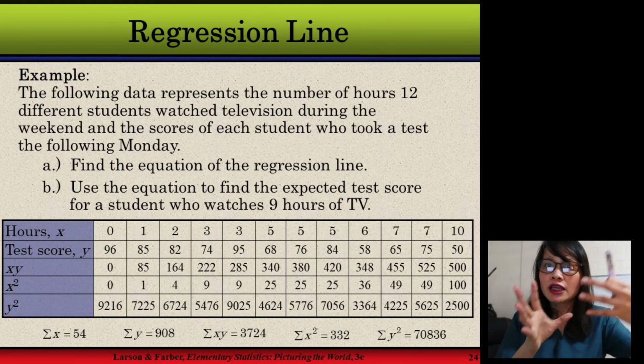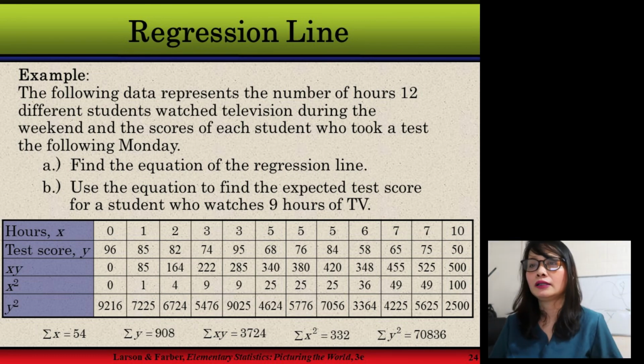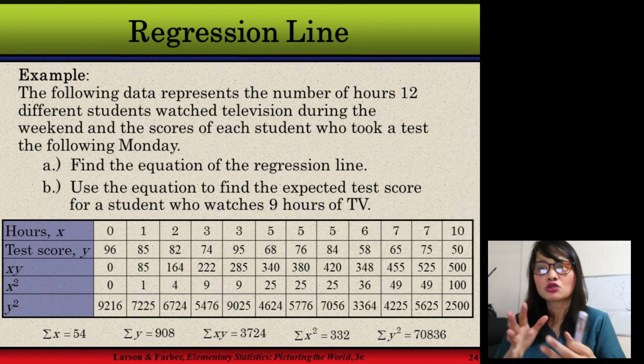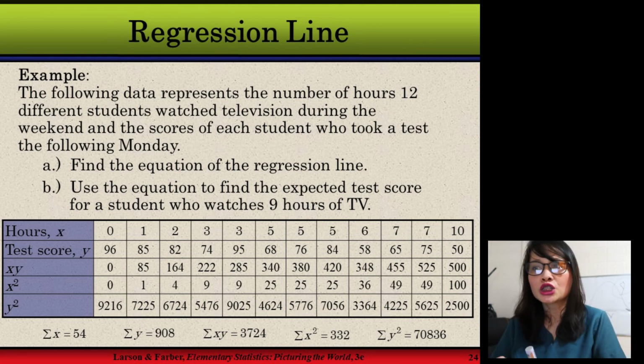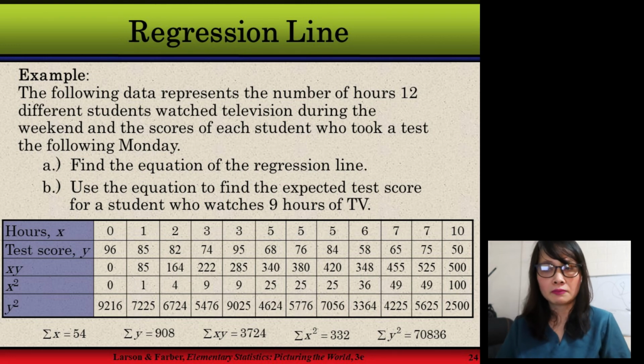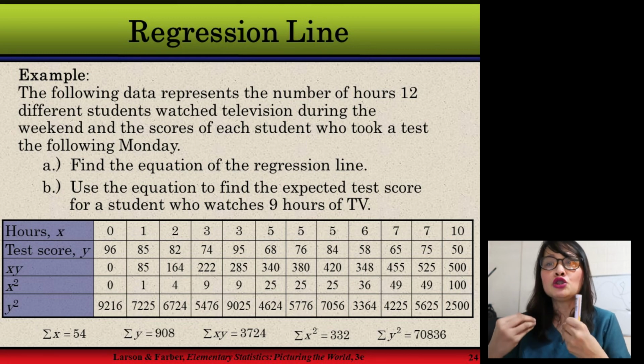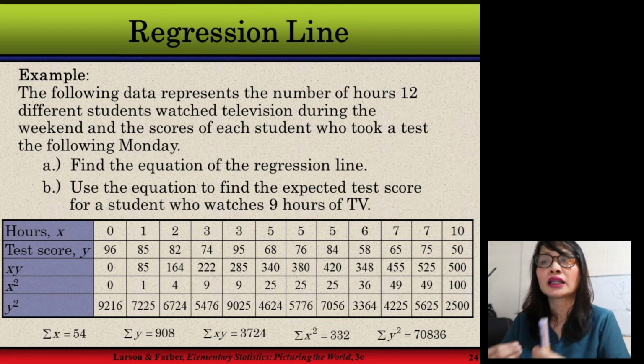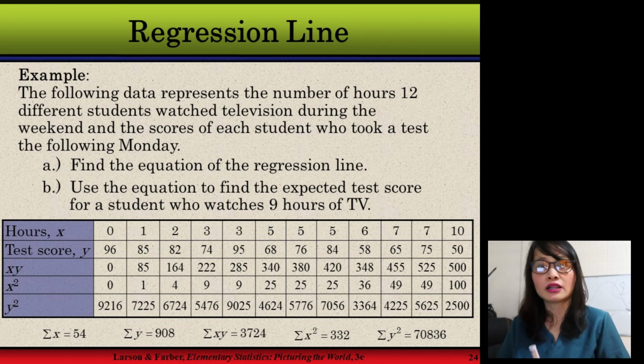Based on the example we had a while ago: the following data represents the number of hours 12 different students watch television during the weekend, and the scores of each student who took a test the following Monday. Solve for the equation of the regression line and use it to find the expected test score for the student who watches 9 hours of television.